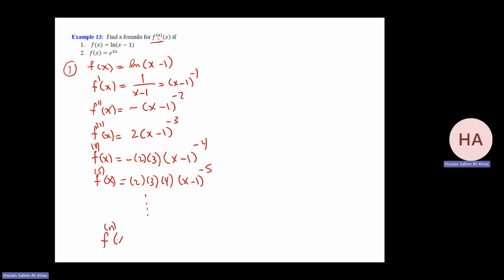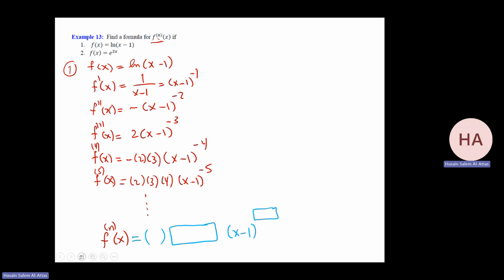Now, what will be the nth derivative? As usual, let me do a different color. So I have a sign, a number, and x minus 1 to the power of something. That will be the format of the nth derivative.